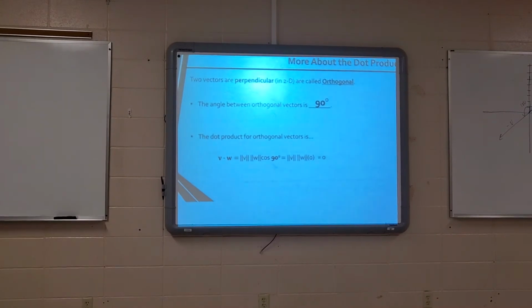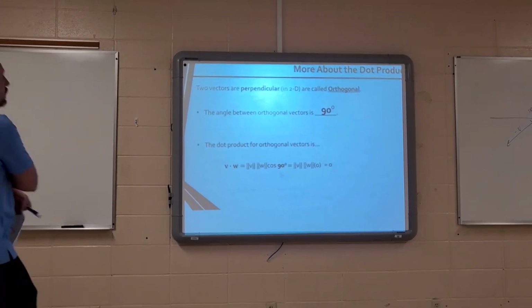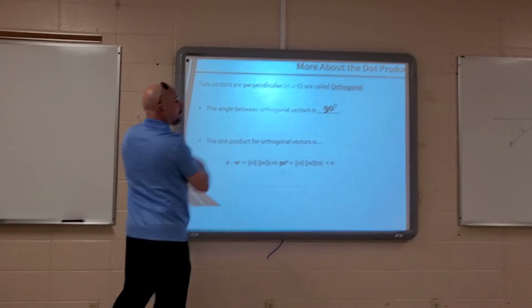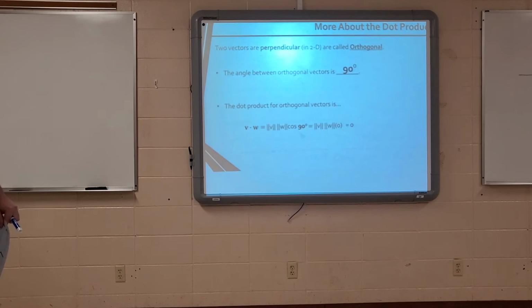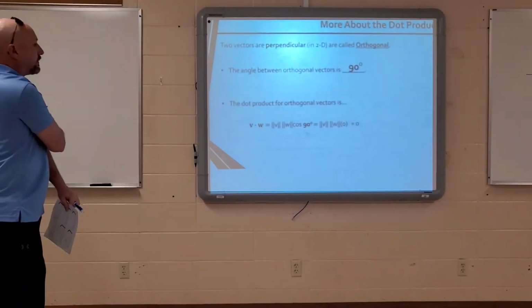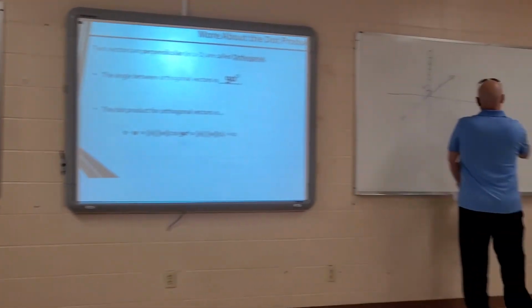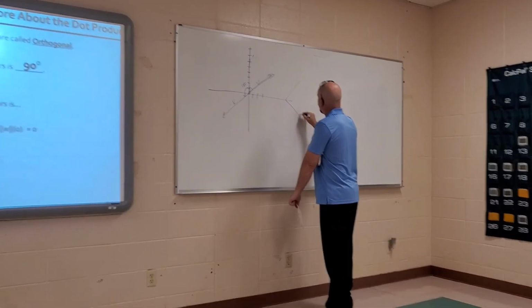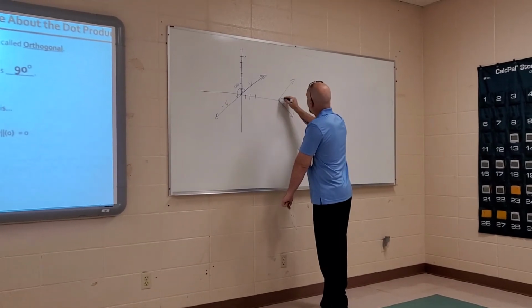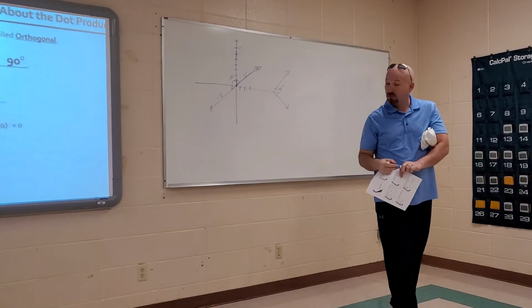So now we're going to do what's called orthogonal vectors. So two vectors that are perpendicular in 2D are called orthogonal. The angle between orthogonal vectors is 90 degrees. So that's these right here. So if you have this vector and you have this vector, and this angle here is 90 degrees, then they are orthogonal.